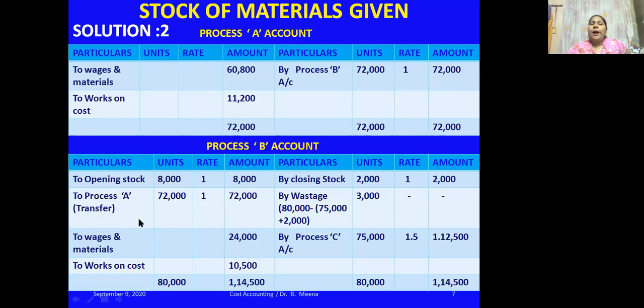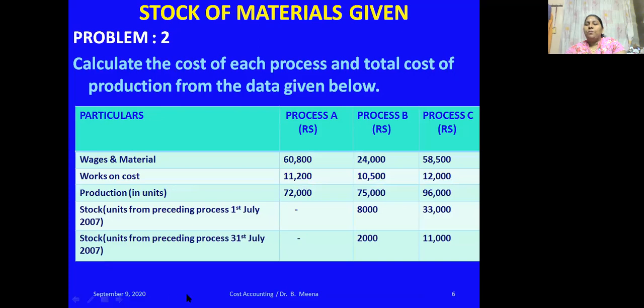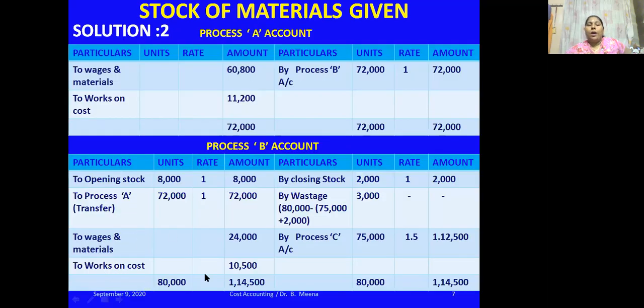So I think you all understand how I showed the opening stock with the rate of 1 rupee and the amount, and the previous process output becomes the input, and I debited other expenses and showed the closing stock. Okay, then what is the process B output? 75,000 units is the process B output. Now I have to compare it.